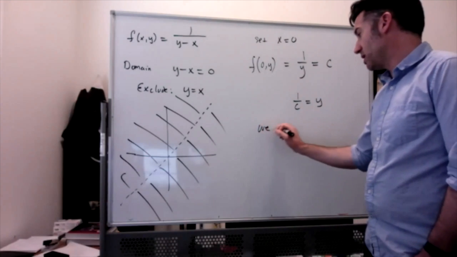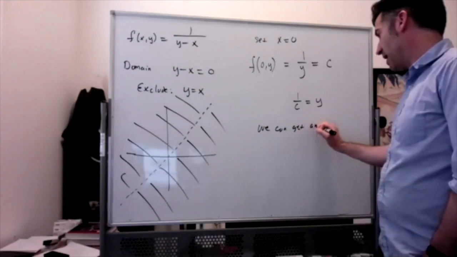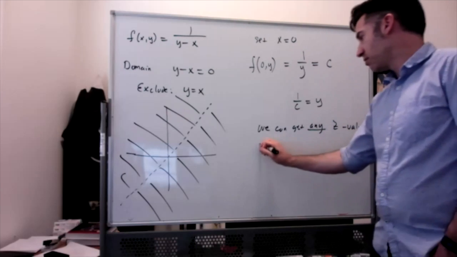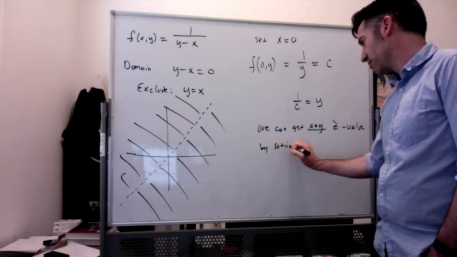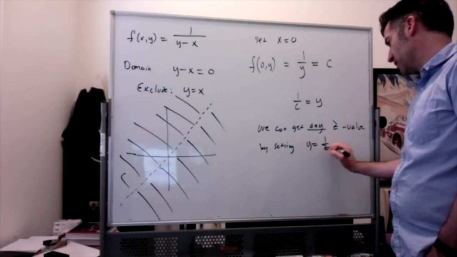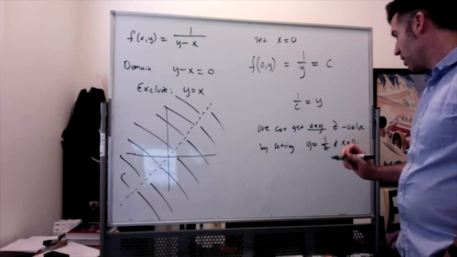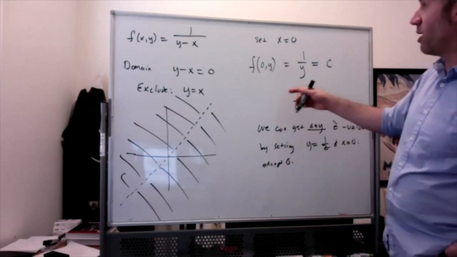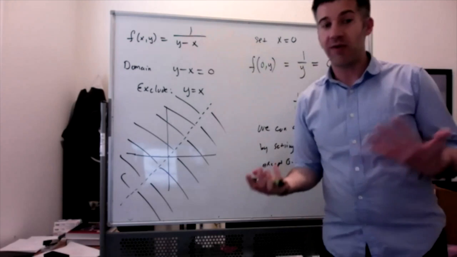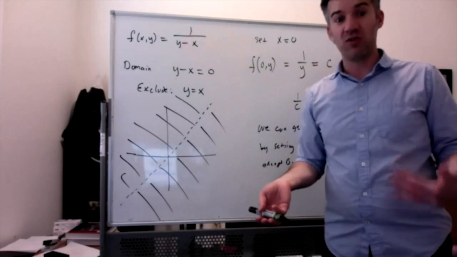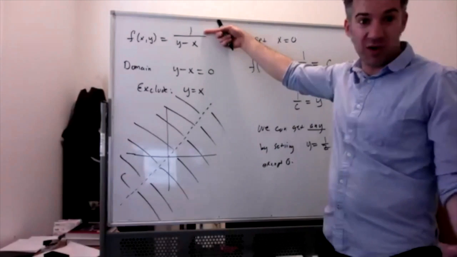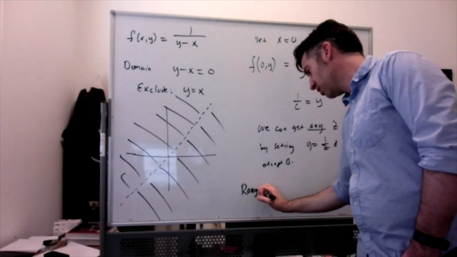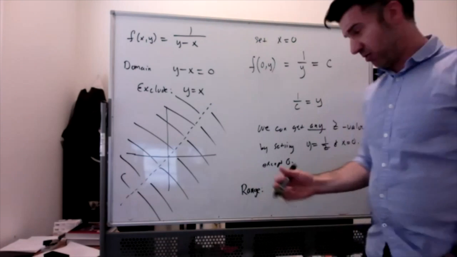So we can get any z value by setting y equal to 1 over z and x equal to 0, except for 0. There's no way for a fraction to equal 0 unless the numerator can equal 0, and the numerator here is always 1. So the range here would be every real number except for 0.